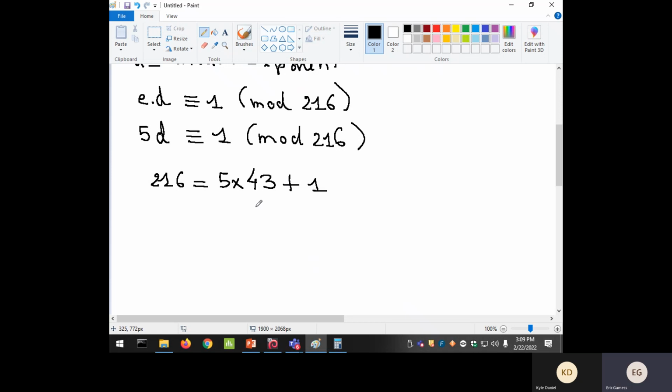I'm already done. Here I don't need to go further because I already have plus 1. So I can say that 216 minus 5 times 43 is equal to 1.